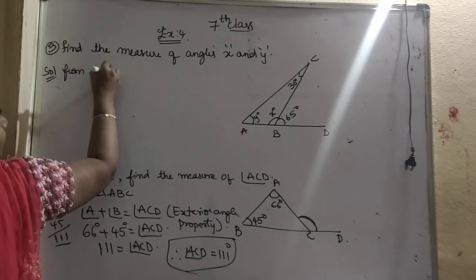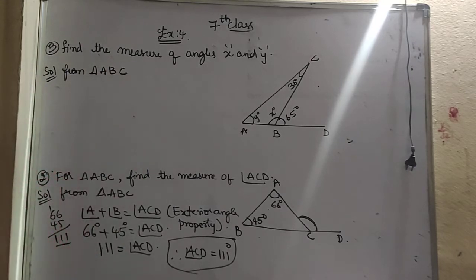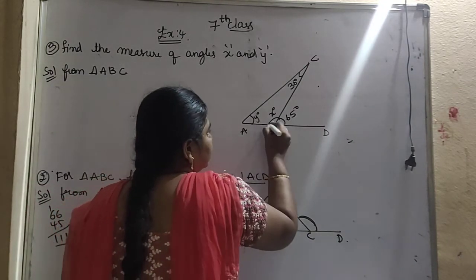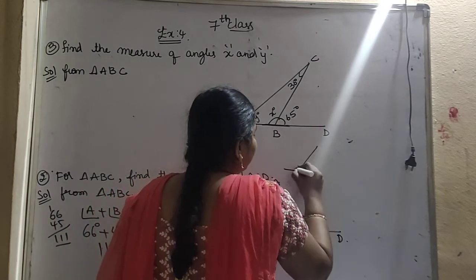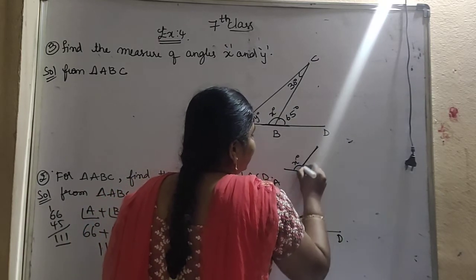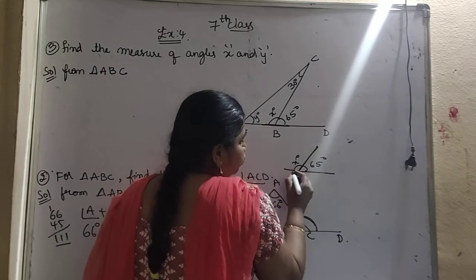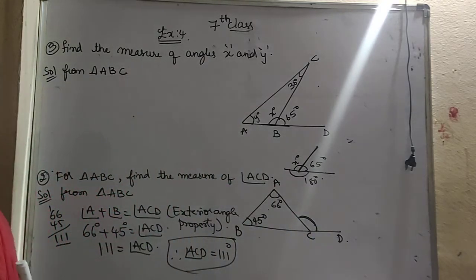From triangle ABC, from this figure, already we know that it is forming one linear pair. So this angle, X angle plus this angle, that is 65, if you add these two, that will be equal to how much? 180 degrees, because it is forming one linear pair.